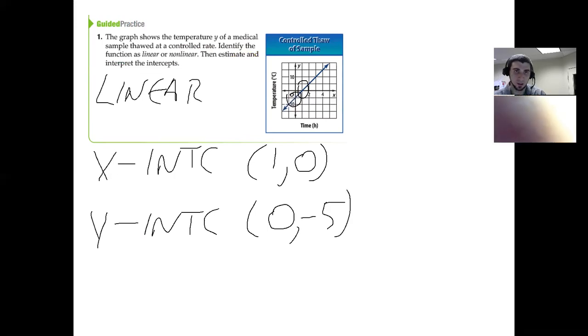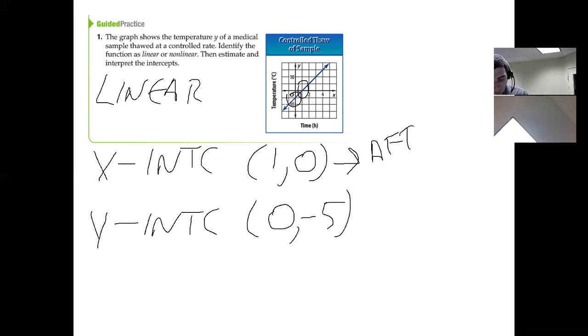Now, what does the x-intercept represent? The x-intercept is the time at which the temperature is 0. So after 1 hour, the temperature is 0 degrees Celsius.